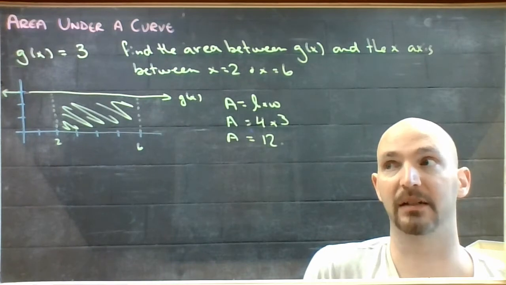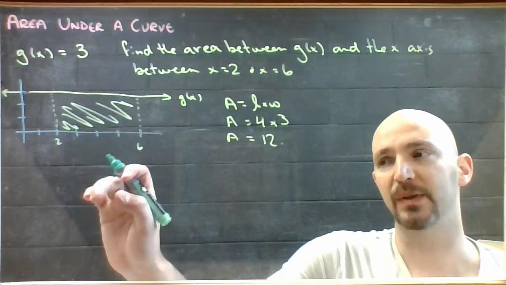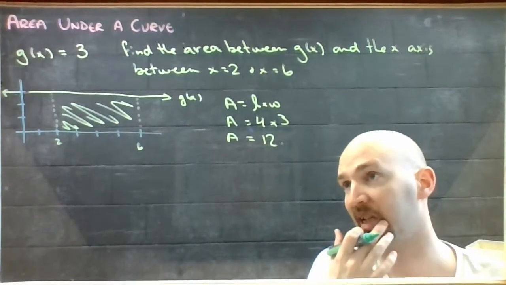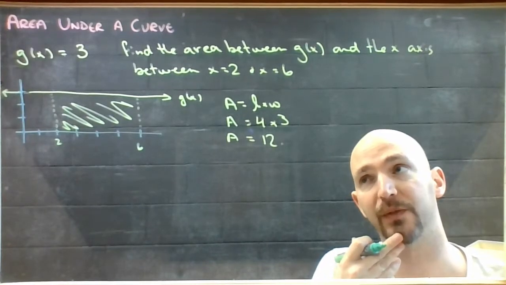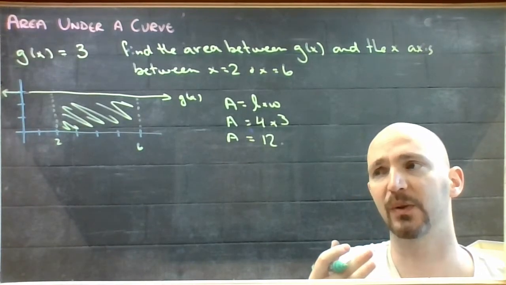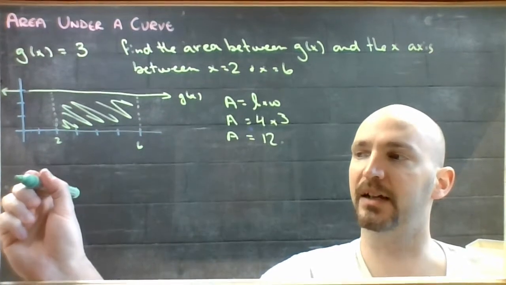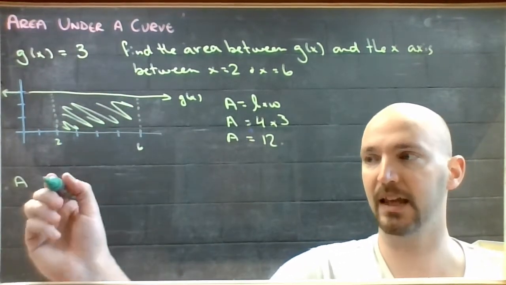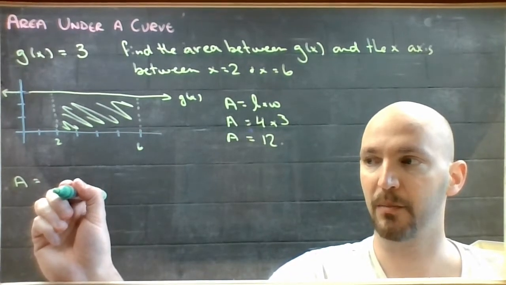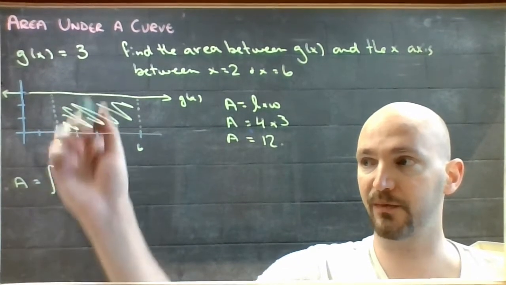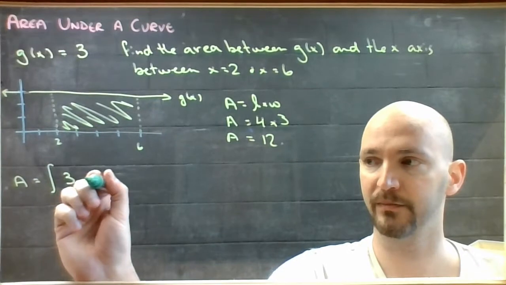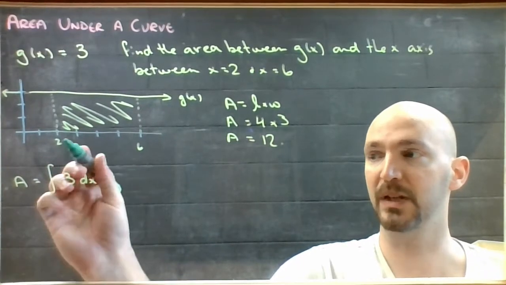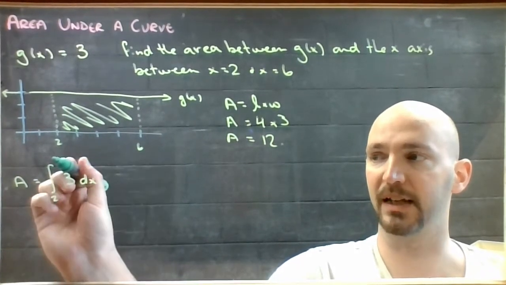Maybe even before that. But what I'm trying to do now that I have an answer is to connect the area under a curve to an iterated integral. So the idea is that the area between a curve and the x-axis can be calculated by integrating that function between an x value of 2 and an x value of 6.